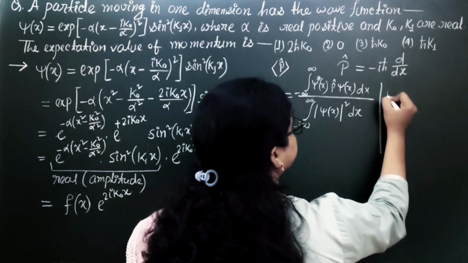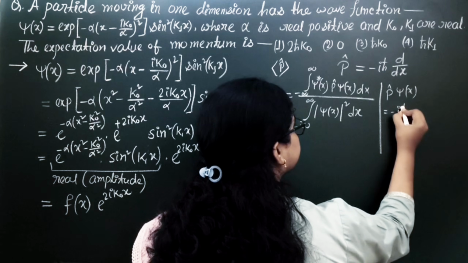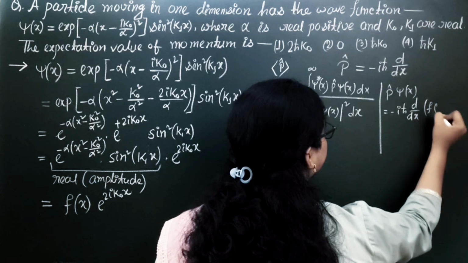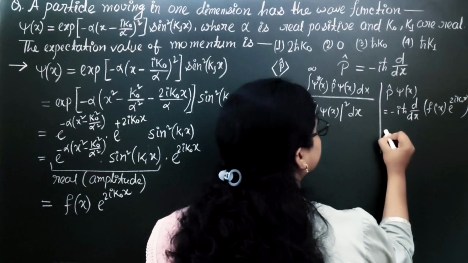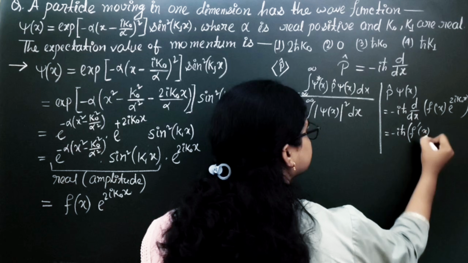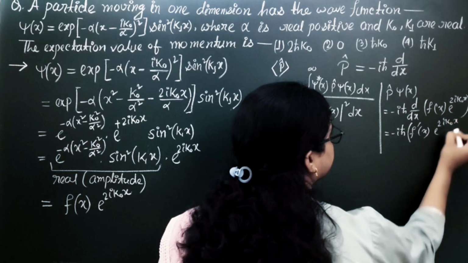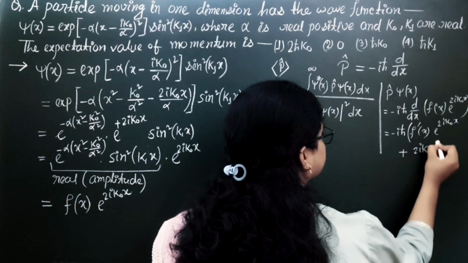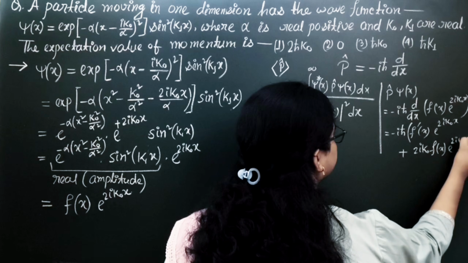Now p of psi x will be minus i h cut d/dx, and psi x is f(x) e to the power 2i k naught x. So it will give minus i h cut f dash x, that is the derivative of f(x), e to the power 2i k naught x, plus 2i k naught f(x) e to the power 2i k naught x.